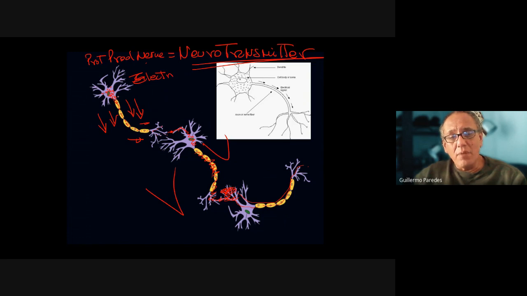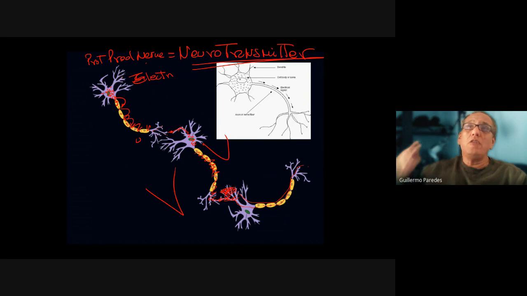Each electrical impulse is going to be like this: whoop, 1, 2, 3, 4. The electrical impulses are like waves of the ocean. They pass here, then here, then here, and each wave, each electrical impulse, is going to push forward the neurotransmitters.